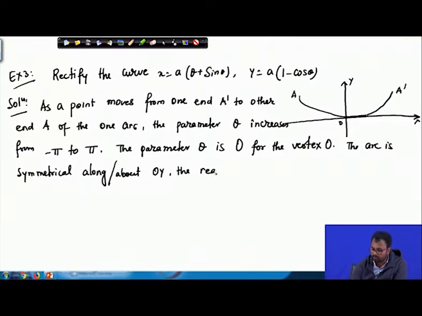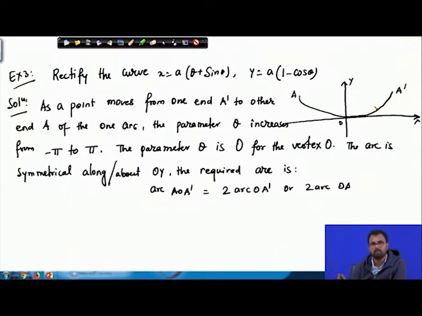The required arc length is basically our arc AOA dash, which is 2 times arc OA dash, or 2 times arc OA. Any one of the arcs, and then you multiply by 2, and that will give you the length of the whole arc. So, we can do the calculation for any one of the sub arcs.